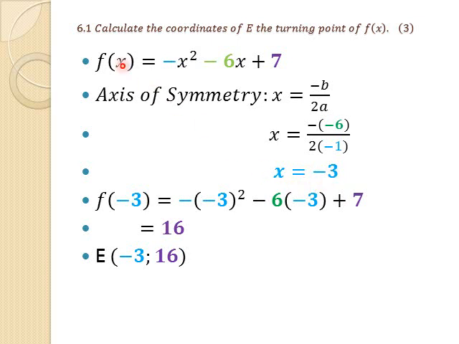And this will always go back into the original equation given. So x is negative 3, so wherever I see x, I write negative 3 squared minus 6 times negative 3 plus 7. That gives me 7 plus 18 gives me 25, and 25 minus the 9 there gives me 16. So my turning point E is (-3, 16).